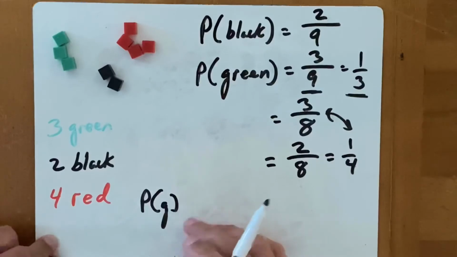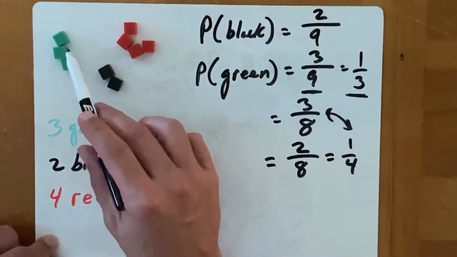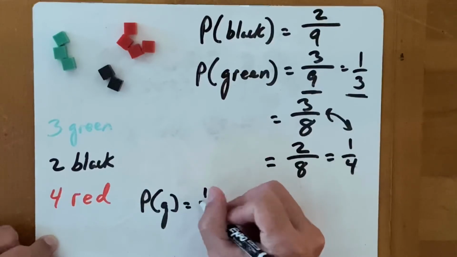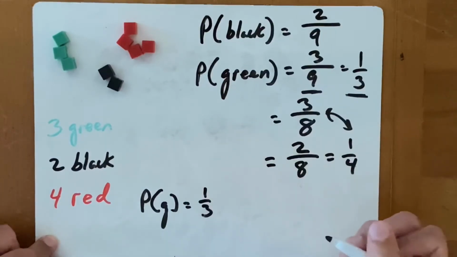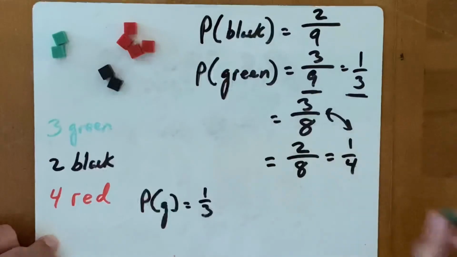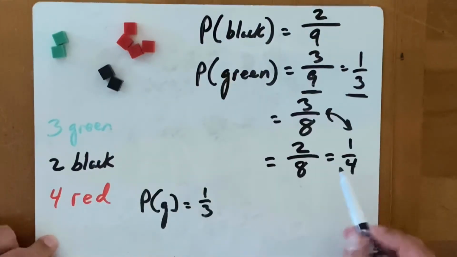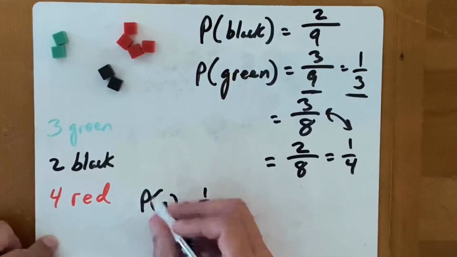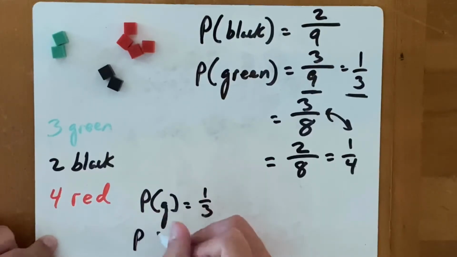The probability of pulling a green one is still 3 out of 9, which we did before, which is a 1/3 probability. Once I take that out, the probability of pulling a green again, there's 2 out of a total possible 8.